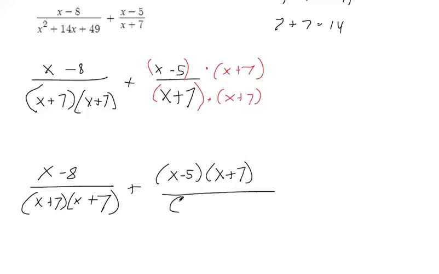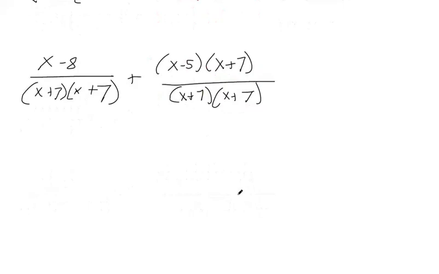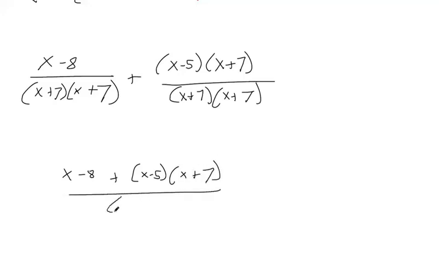That's all over x plus 7 times x plus 7. So we got common denominators. They're both the same in the bottom, so that means now we can add the numerators. Oh, sorry, there's x minus 8 in the numerator plus all this stuff. And it's all over just one denominator now because we can add them because they have common denominators.